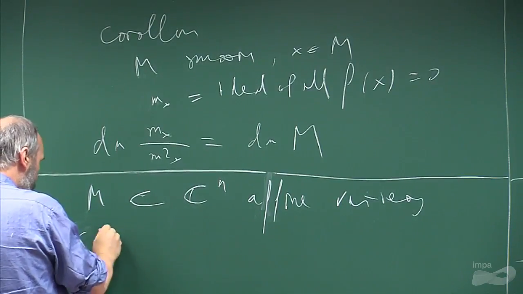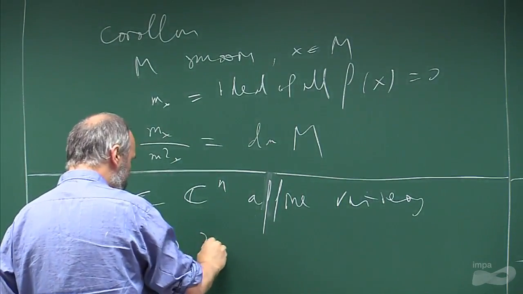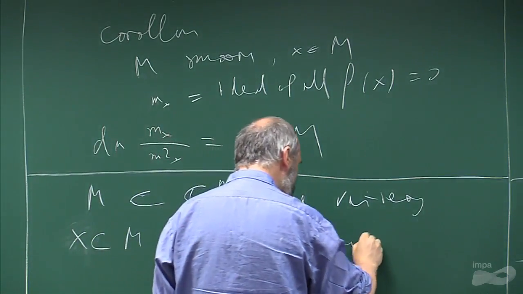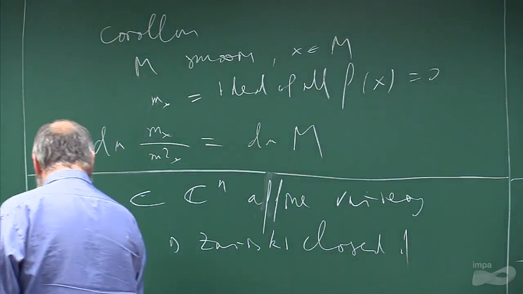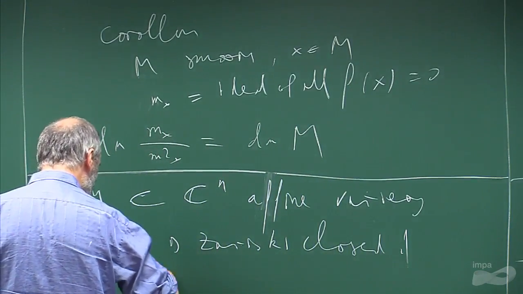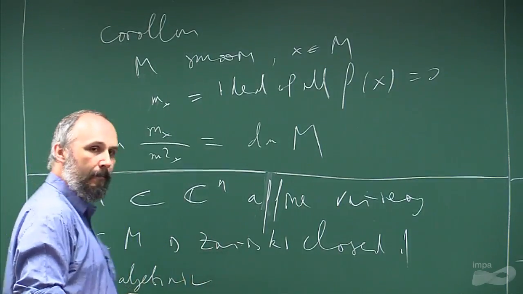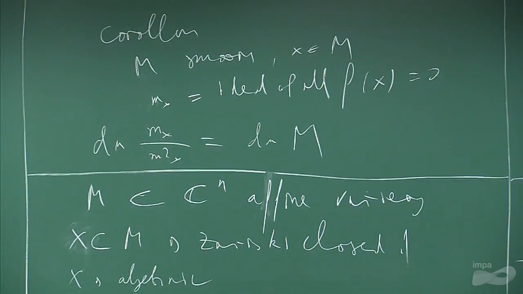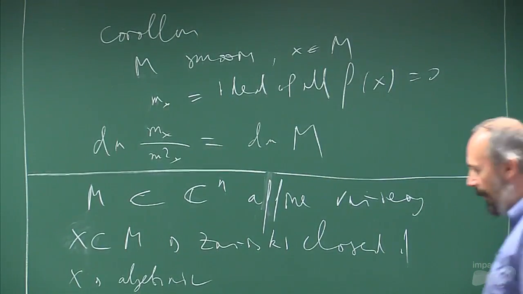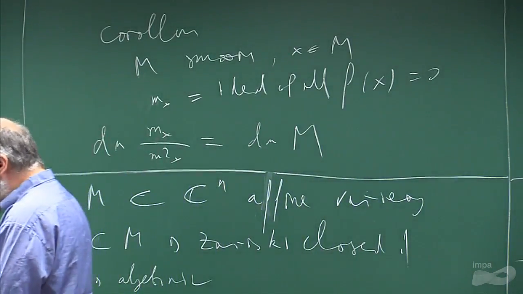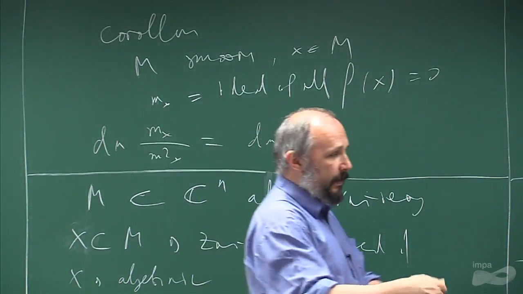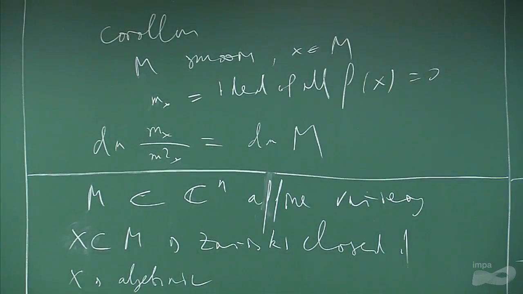So X inside M is Zariski closed if X is algebraic. So all closed subvarieties are ones which are determined by algebraic equations. So the good thing about this topology is that it is purely algebraic. If you have some automorphism of your variety, Zariski closed goes to Zariski closed.